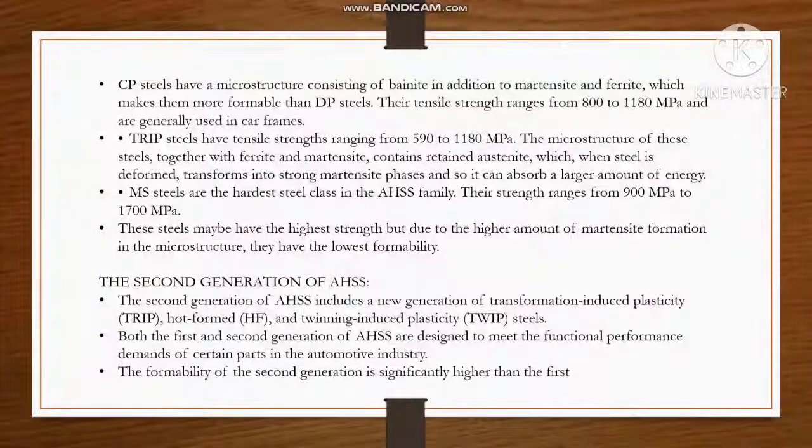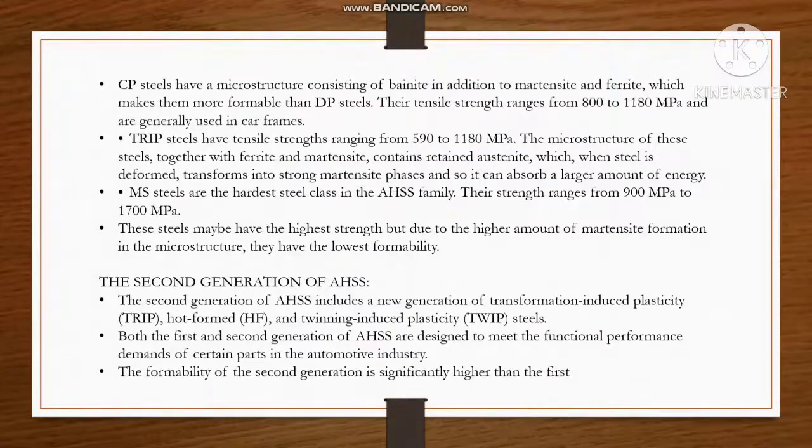MS steels are the hardest steel class in the AHSS family. Their strengths range from 900 MPa to 1700 MPa. These steels have the highest strength, but due to the higher amount of martensite formation in the microstructure, they have the lowest formability.